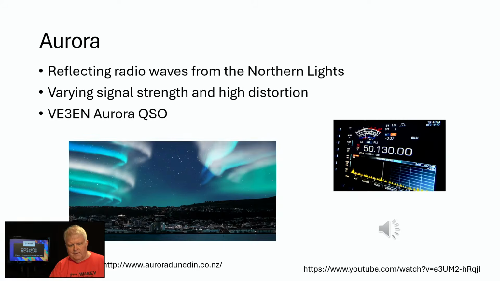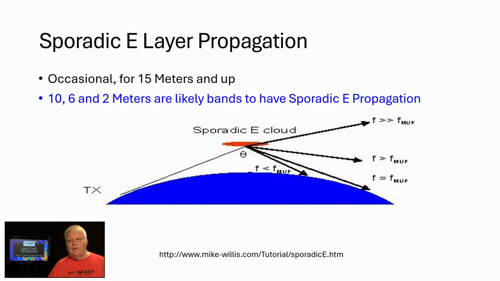You heard it. We mentioned sporadic E propagation before. It's occasional. 15 meters and up, you can have sporadic E, but typically 10, 6, and 2 meters are the likely bands to use those gaseous clouds in the E layer of the ionosphere. We mentioned before the critical frequency, above which signals will go out into space.